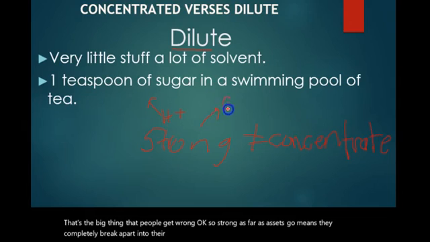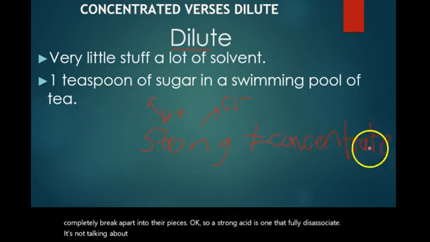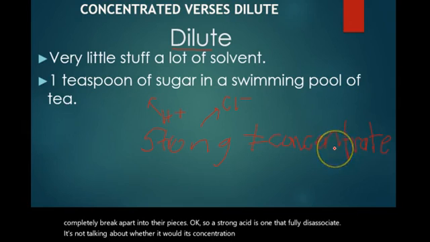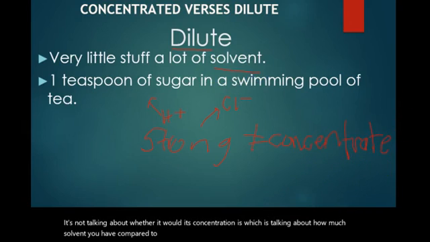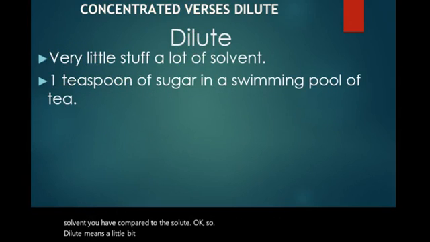So a strong acid is one that fully dissociates. It's not talking about concentration, which is talking about how much solvent you have compared to the solute. Okay, so dilute means a little bit of stuff in a lot of solvent.